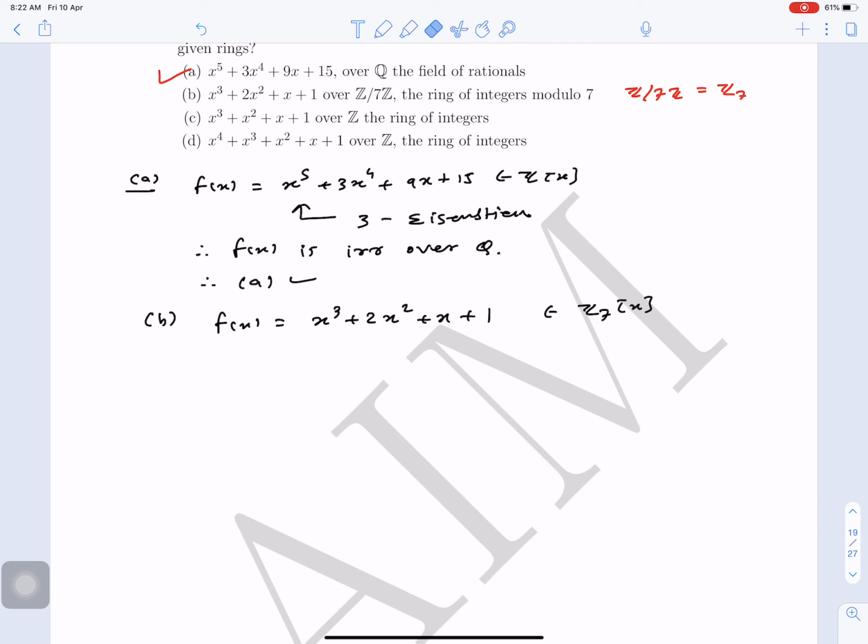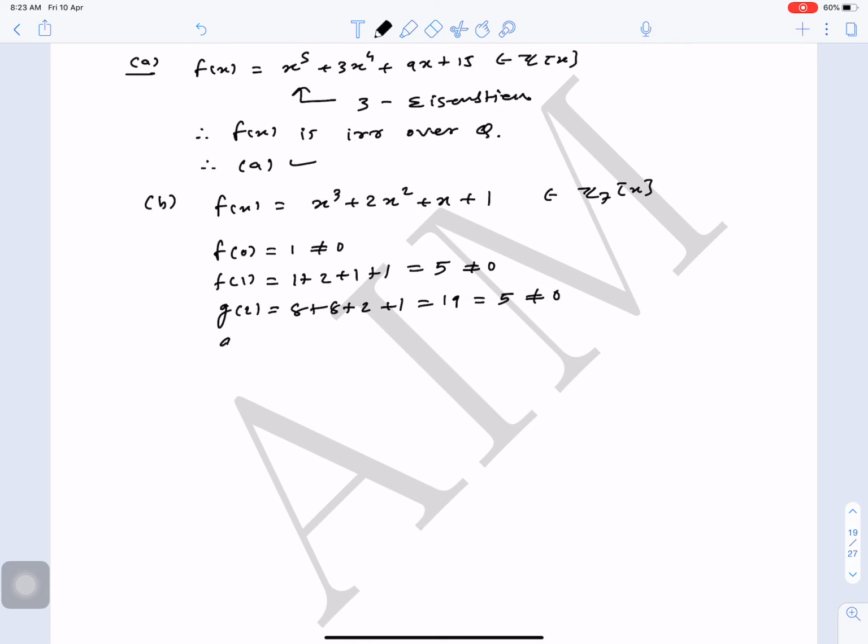So f(0) will be 1, not equal to 0. f(1) will be 1 plus 2 plus 1 plus 1, which is 5, not equal to 0. f(2) will be 8 plus 8 plus 2 plus 1, that is 19, but 19 is congruent to 5 in Z7, so it is not equal to 0. f(3) will be 27 plus 18 plus 3 plus 1, which is 49, and it is 0 in Z7.